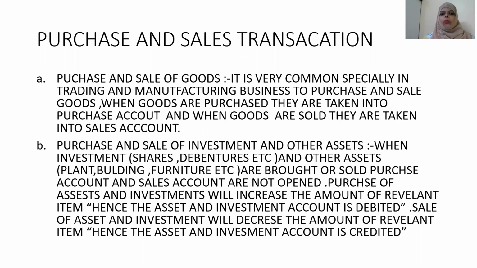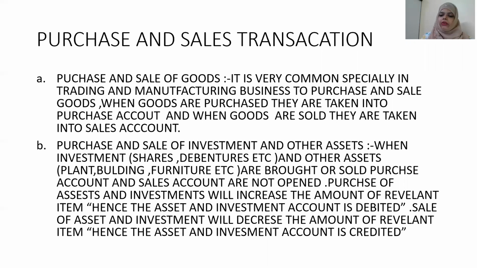So let's study what's written on your screen. Purchase and sale of goods. It is very common, especially in trading and manufacturing business, to purchase and sell goods. Obviously, in a manufacturing business and in a trading business, it is very particular to purchase and sell goods, because manufacturing and trading businesses basically deal in the purchase of goods and sale of goods.